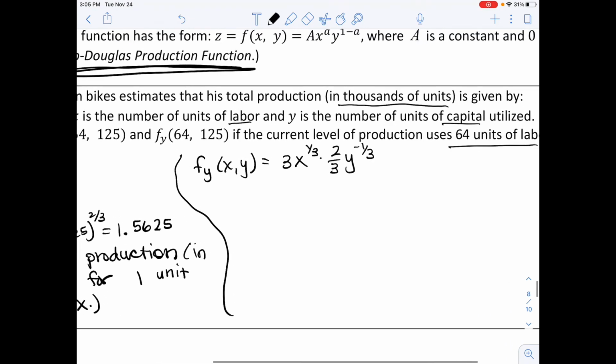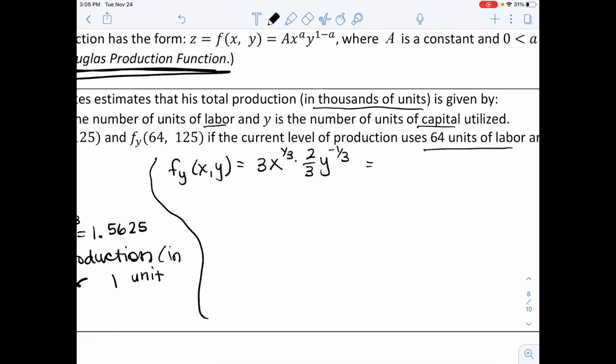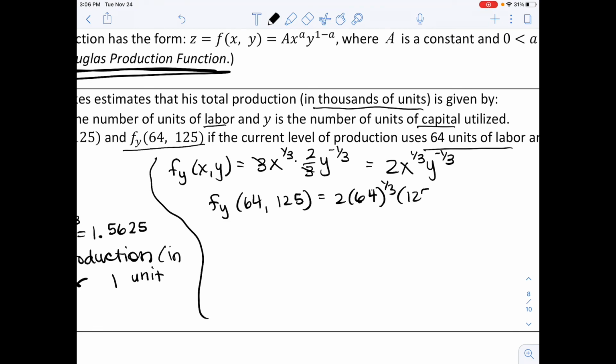Cleaning this up, we have 2x to the 1/3 y to the negative 1/3. And then we need to evaluate this again at 64, 125. So f sub y of 64, 125, and substituting in those values for x and y. X again is 64, y is 125. When we work this out, we get 1.6.